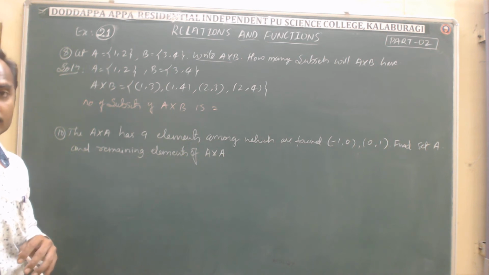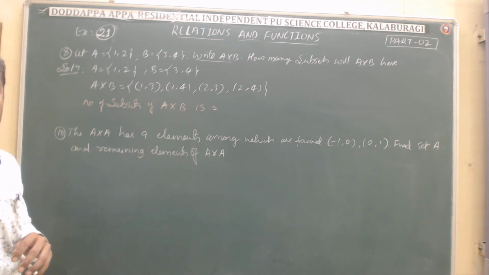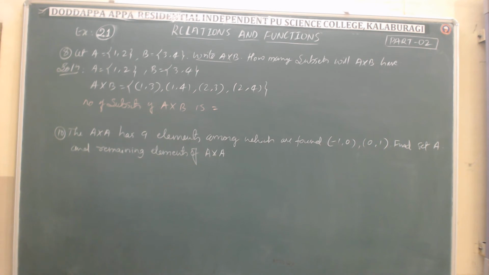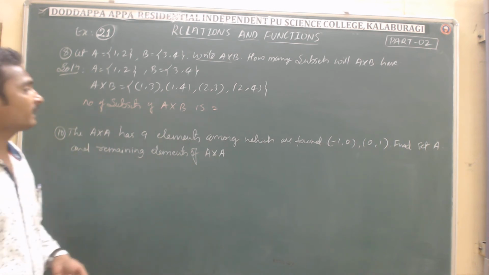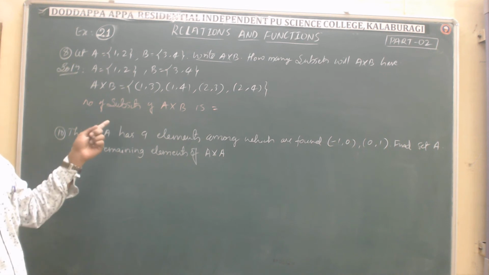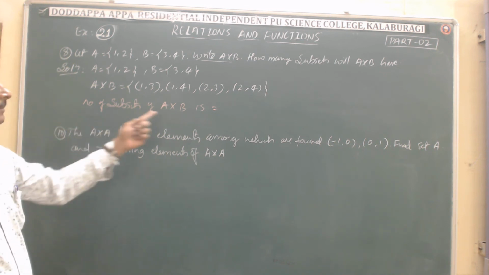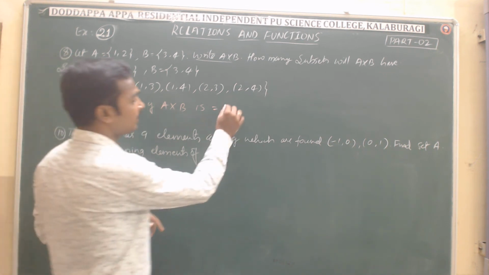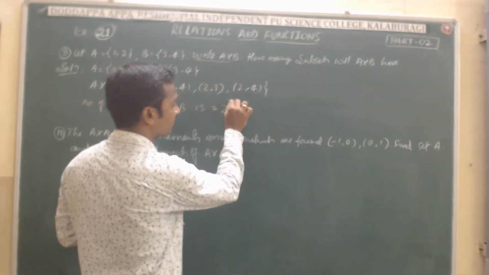Then how to do it? Yes, we know the formula. What formula do we know? The total number of subsets is always 2 to the power mn, or pq.